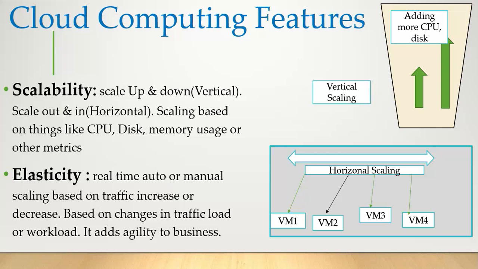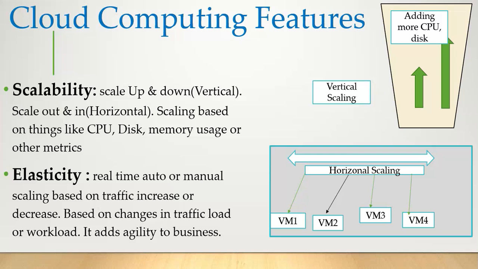Next one, elasticity. Elasticity is the same thing, scaling the resource sizing up or down. The only difference is that elasticity is more real time, automatic or manual, scaling based on whether the traffic load goes up or down.